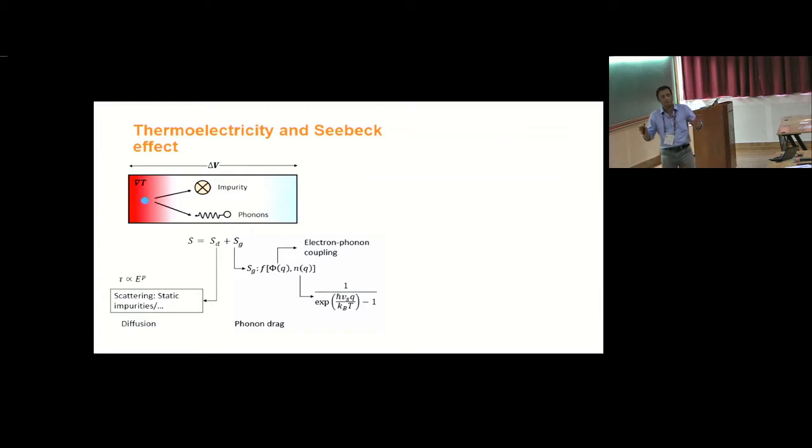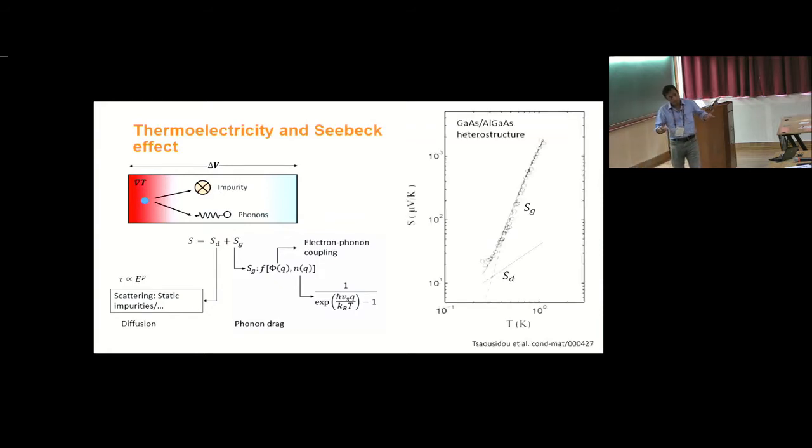One is the diffusion thermopower, and another is the phonon drag. Primarily, the static impurities lead to diffusive behavior, and we have the diffusive part of thermopower. Whereas the phonon drag usually appears at slightly higher temperature, where a large number of phonons drag the electrons away.